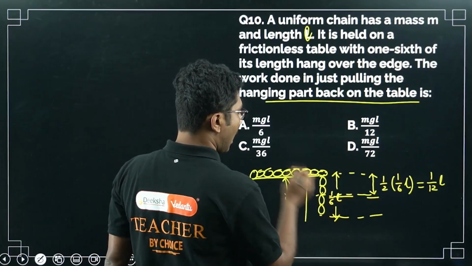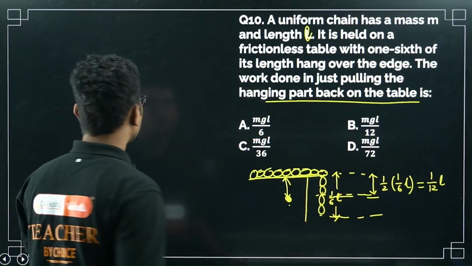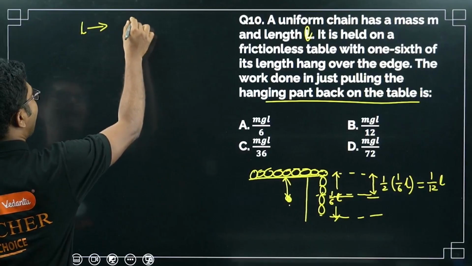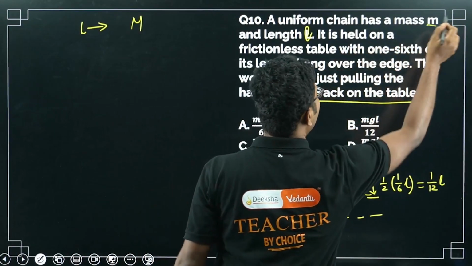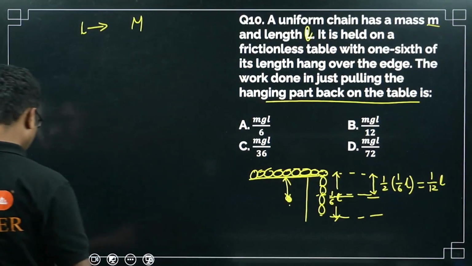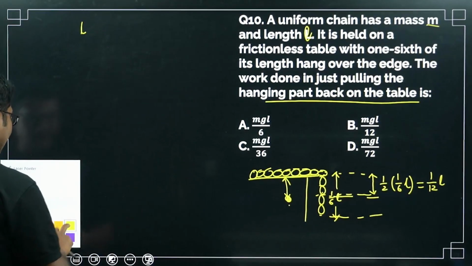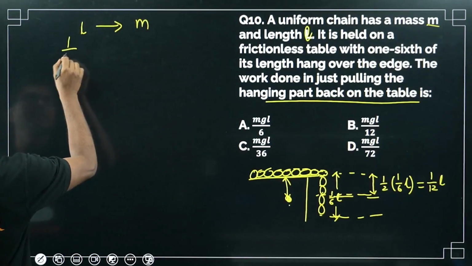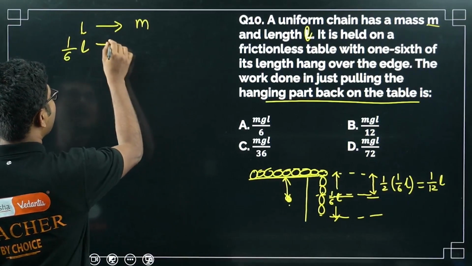Now how to calculate the mass of this portion? So total mass for length L is m, small m. Now how much part is hanging? Hanging part is 1/6 of L. So what is the mass of this hanging part?